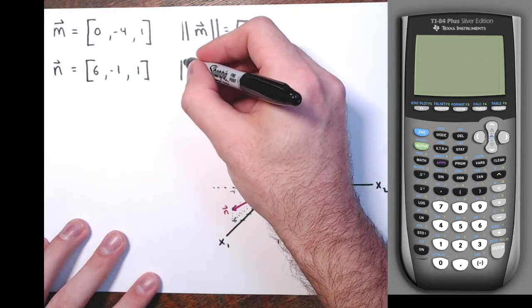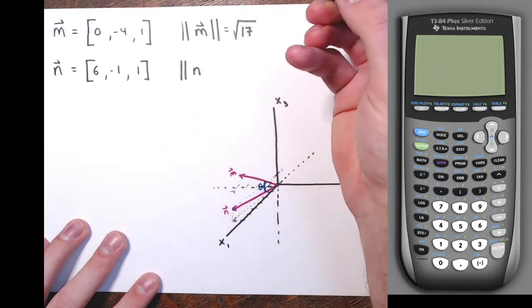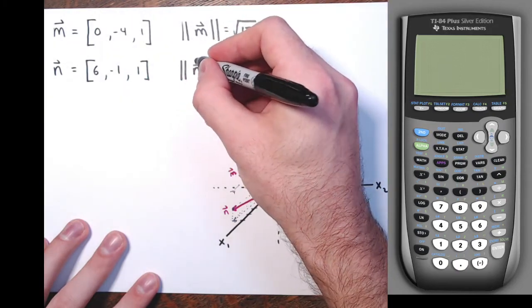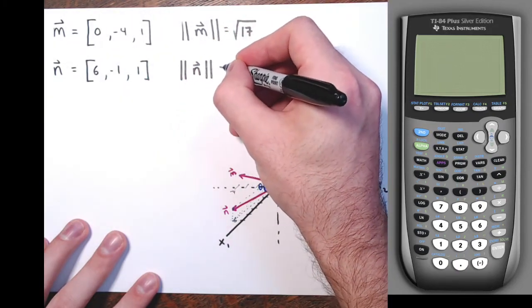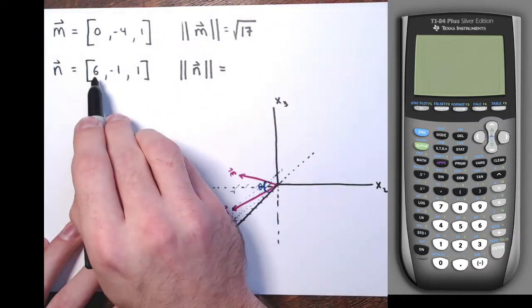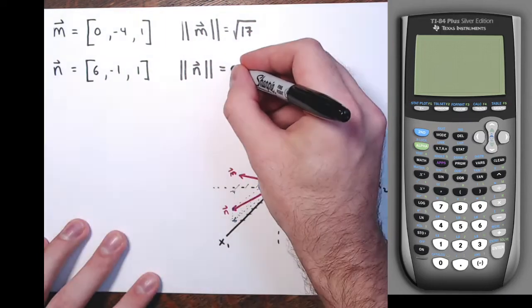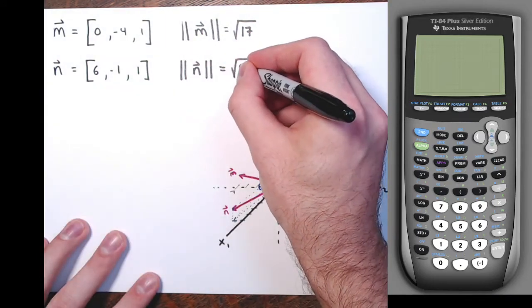And then the norm, sorry, I keep saying norm in these videos. You'll see the word norm come up later. The magnitude of vector n, the length of vector n, is the square root of 36 plus 1 plus 1, so the square root of 38.